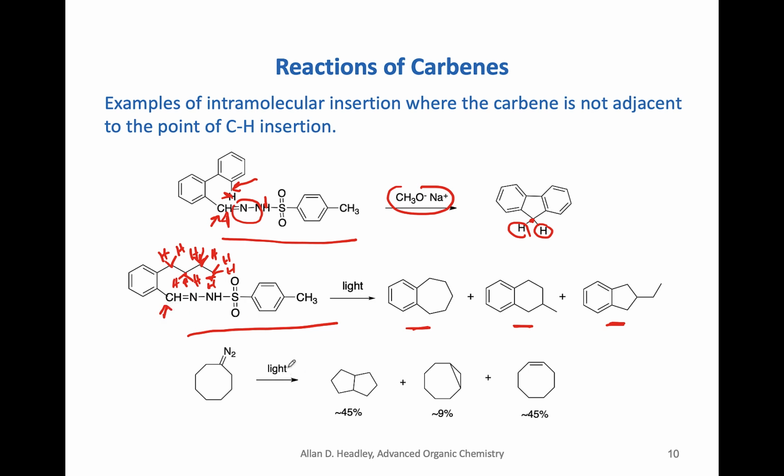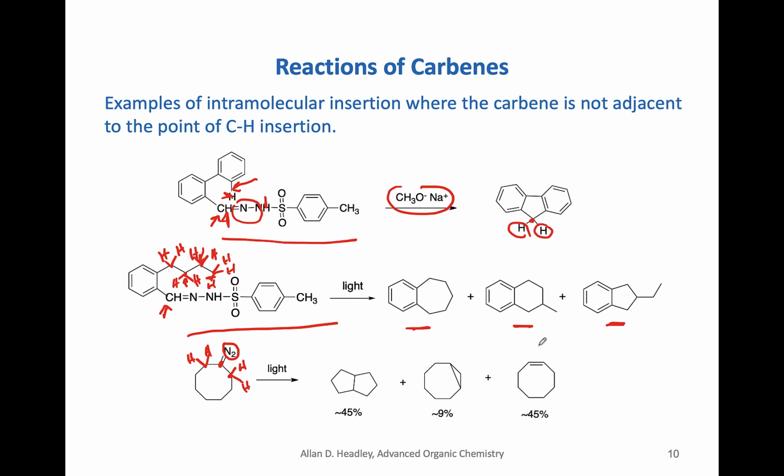Here's another example. Light giving off nitrogen, so the carbene is formed right here. So again, here's an H and here's an H. This is right adjacent to it, so we can have here what is actually over here. Same thing.